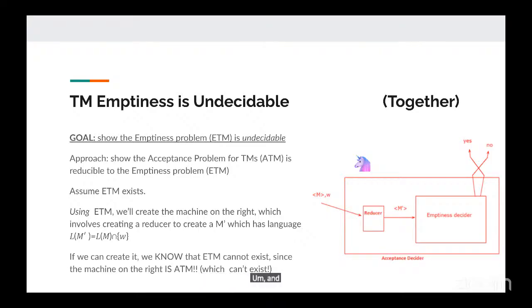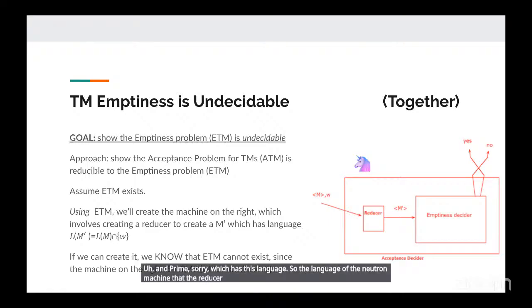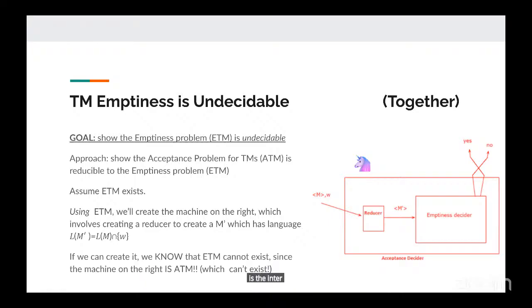And as part of that, we're going to create a reducer. The reducer is going to create a new Turing machine M prime, which has this language: the intersection of the string W and the language of the original machine that we give to the outer machine.